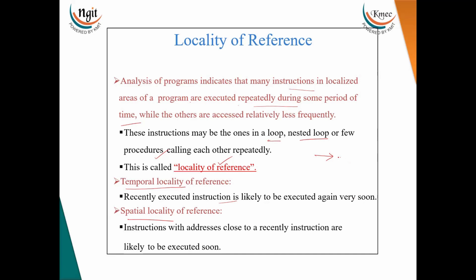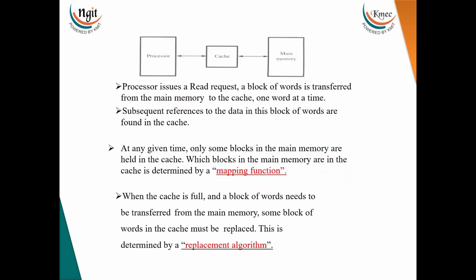Spatial locality of reference means that if one instruction is being executed, the instructions nearer to it, a group of instructions, are going to be executed soon. So instead of only one instruction being copied, a group of instructions is stored into the cache memory.